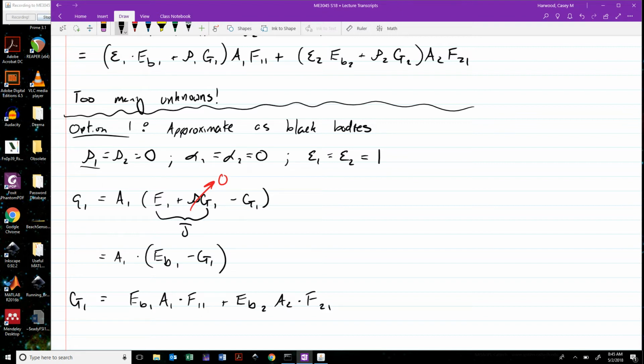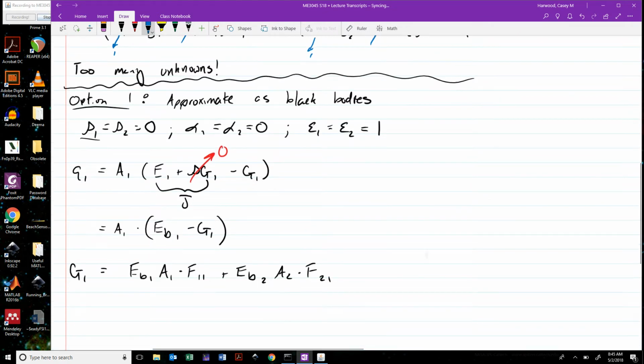What we managed to do here was we just took that relationship up there. This guy, we said that this is equal to 1, that goes away, this is equal to 1, that goes away. And now at this point, we could plug G1 in here, and everything is written in terms of black body radiation.